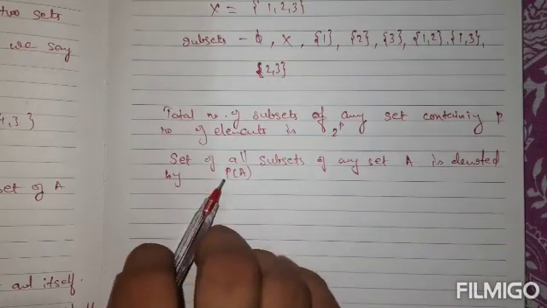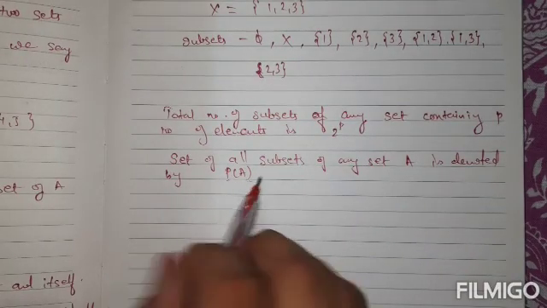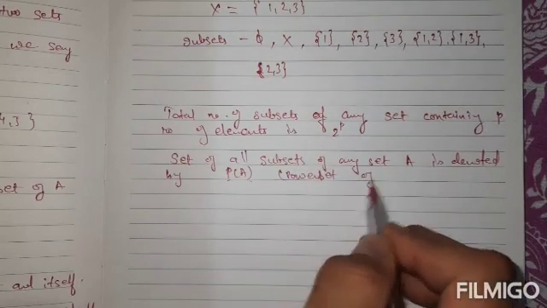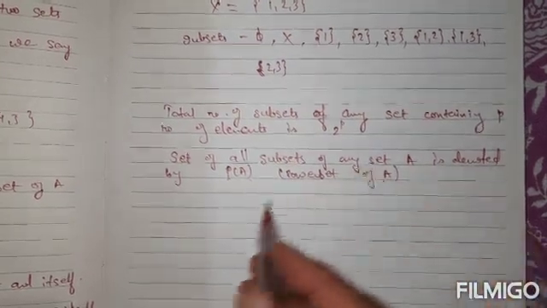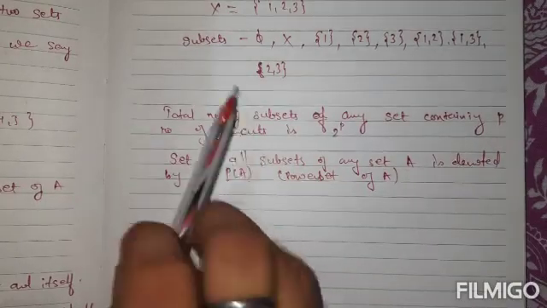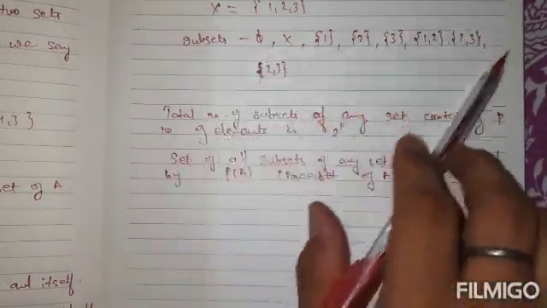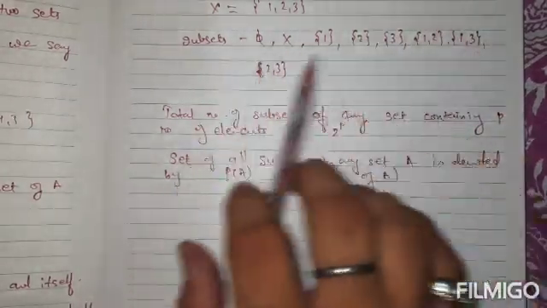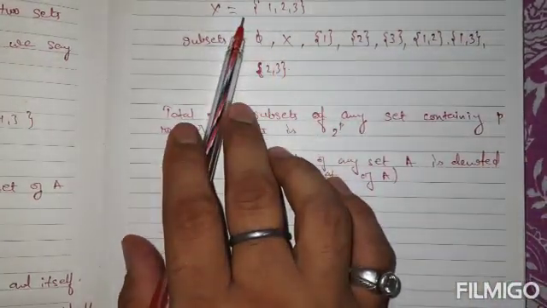P(A) is called the power set of A. Here, if we group all these sets in a single set, then the set so obtained will be called the power set of X.